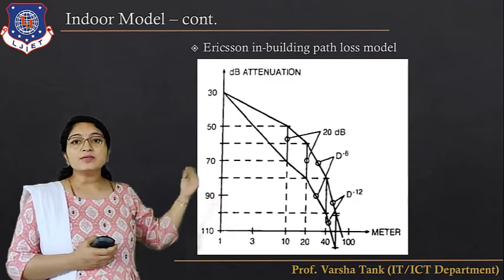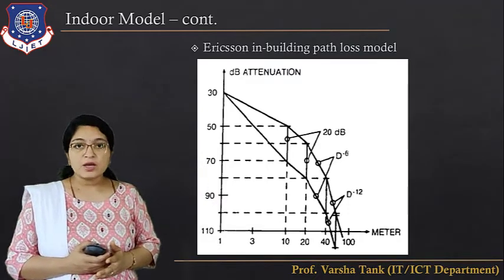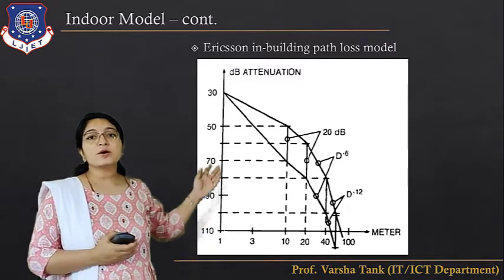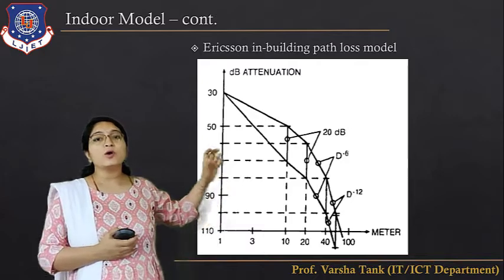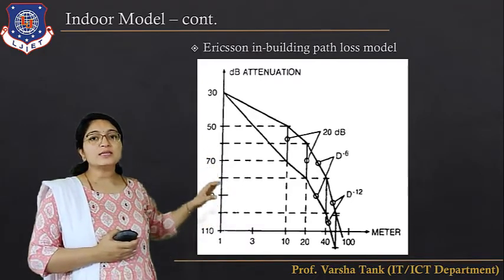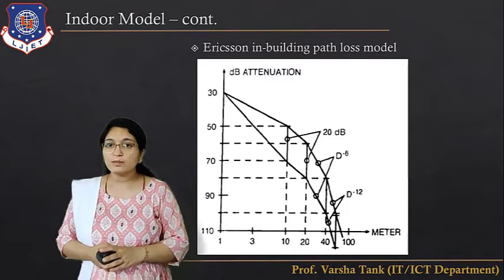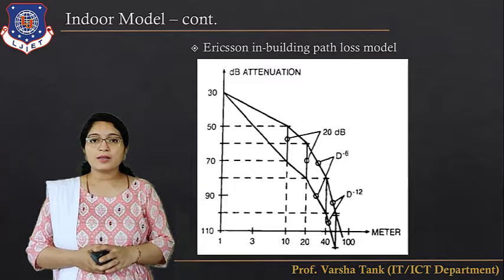Here you can consider, if 60 decibel attenuation is there, at which distance is it possible? It is at 10 meters, and it is about a 20 decibel calculation. Likewise you can see these are the different breakpoints that we can define in the Ericsson in-building path loss model.